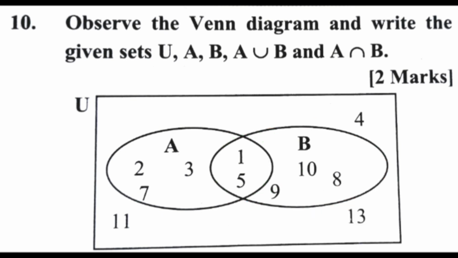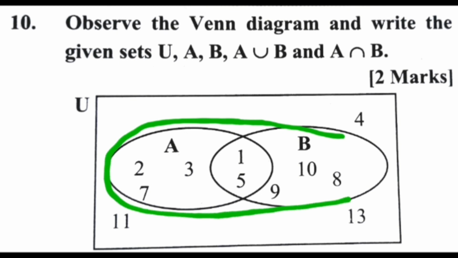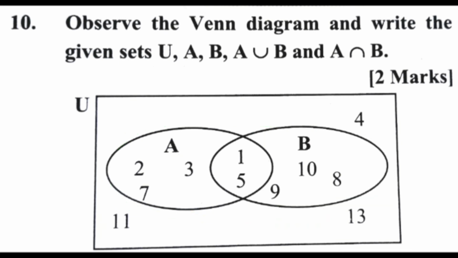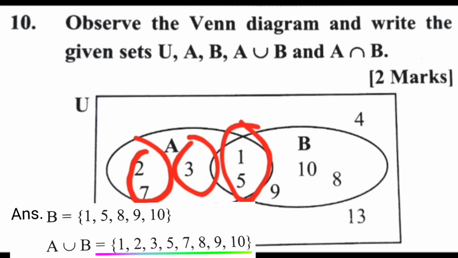Next, elements of set A union B. Set A union B means everything present in both the circles. Okay, so what are such elements? They are 2, 7, 3, 1, 5, 9, 8 and 10.